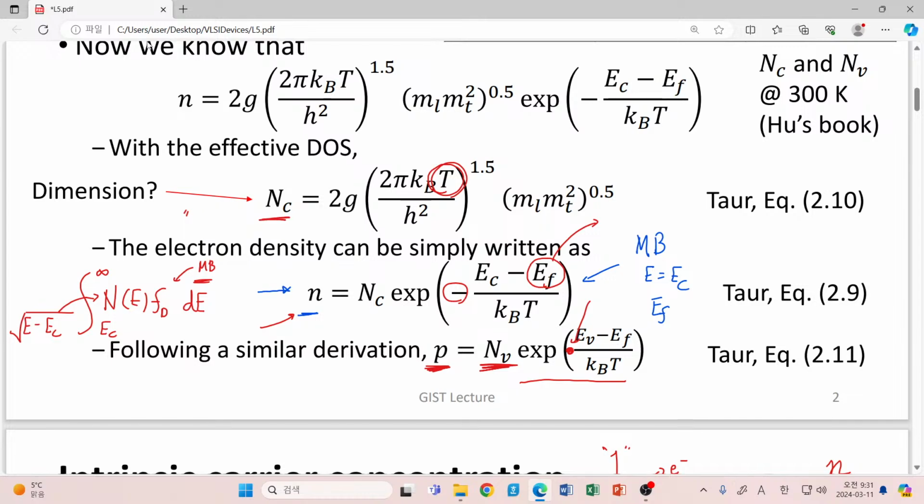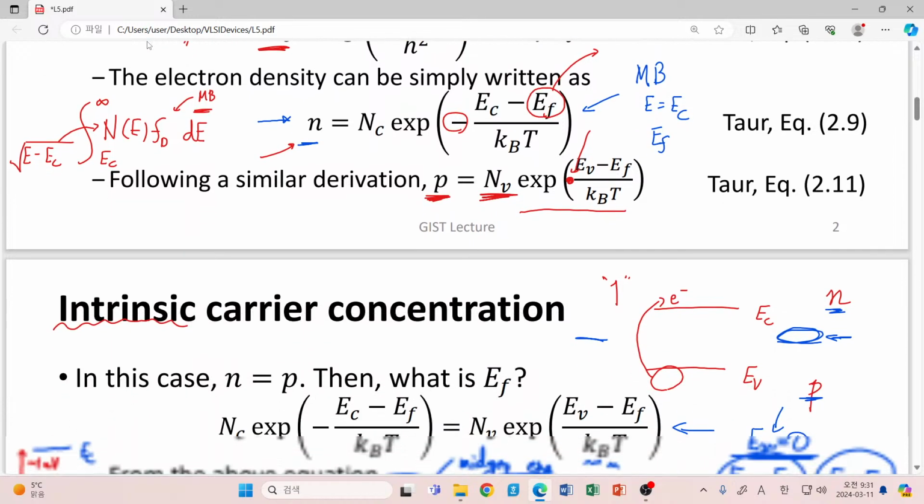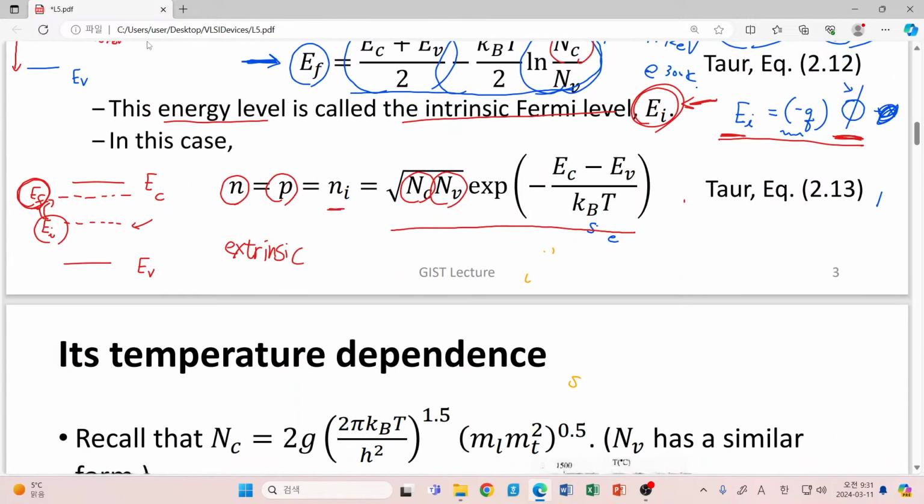NC really depends on the temperature, so you can easily understand it will have a certain temperature dependence. Both NC and NV follow T to the 1.5 power.